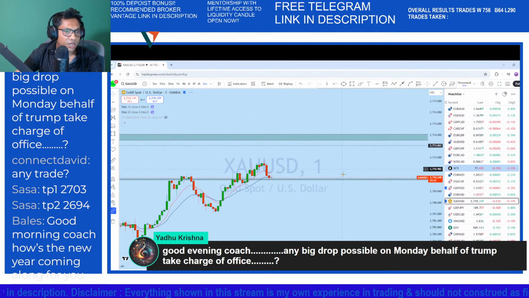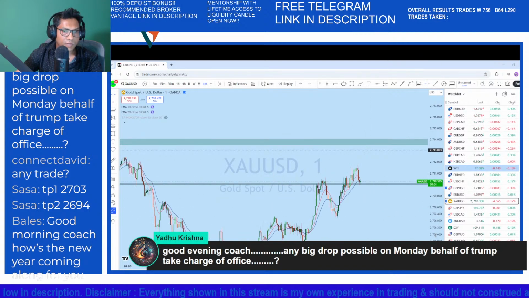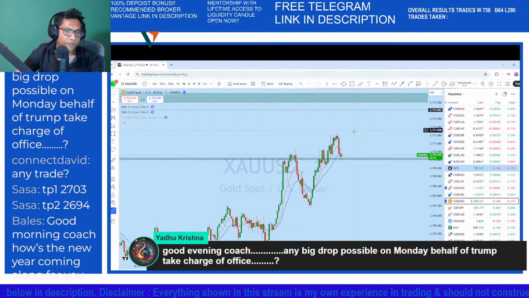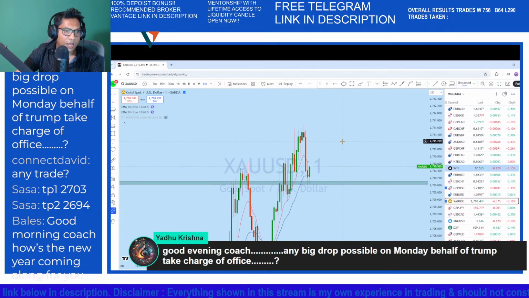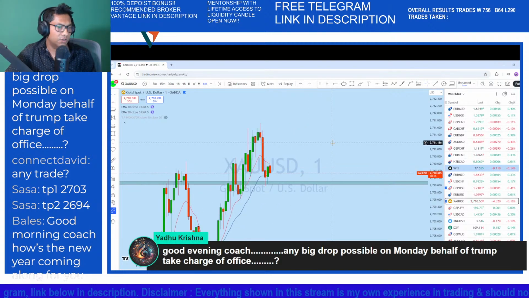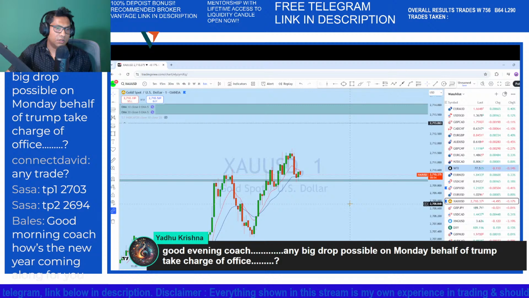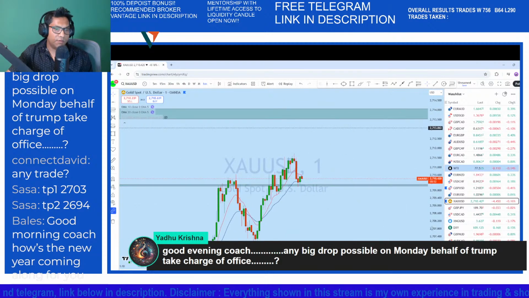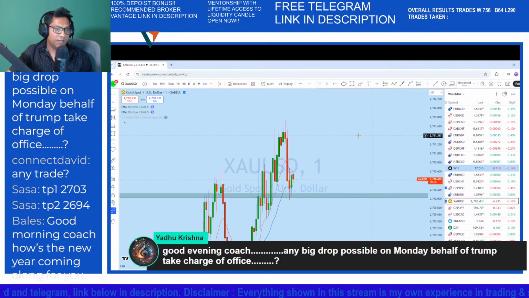Looking at the 1 minute chart here, we can see that the market forming series of higher low, and we are looking at for the price to retest and then to revert back up to create a new higher high.